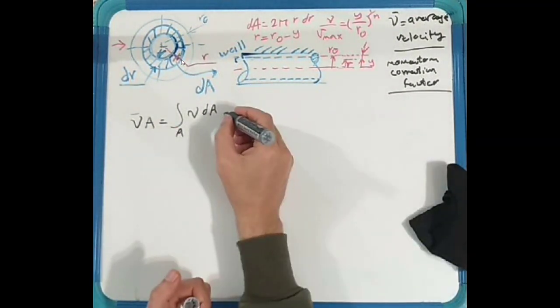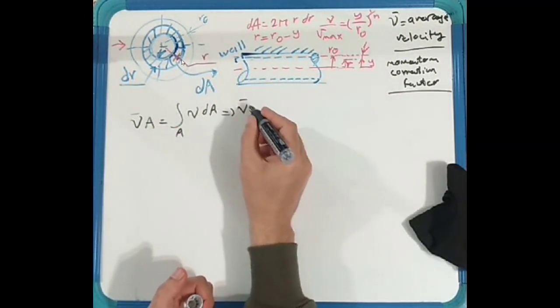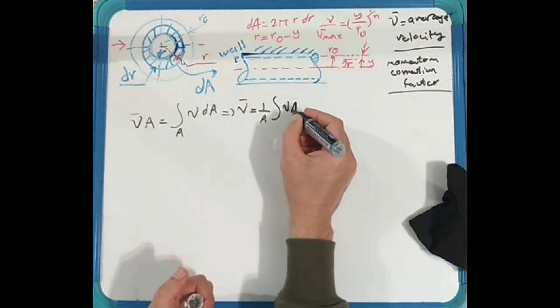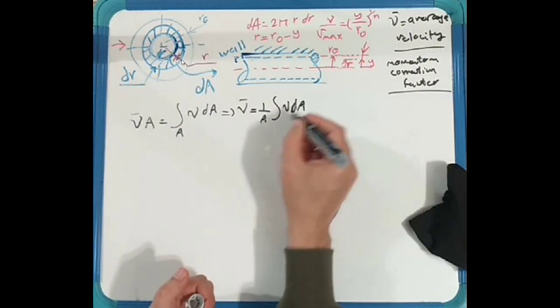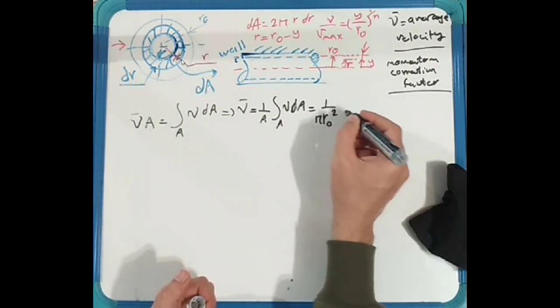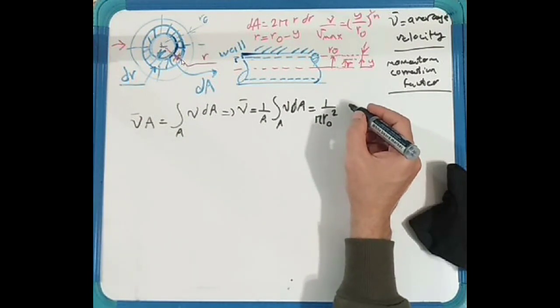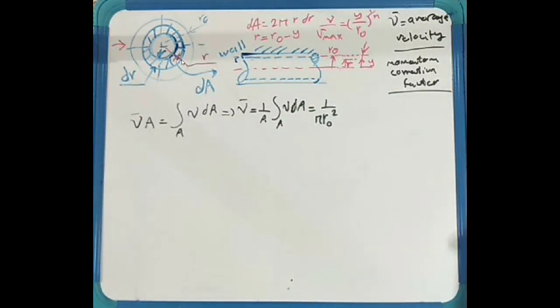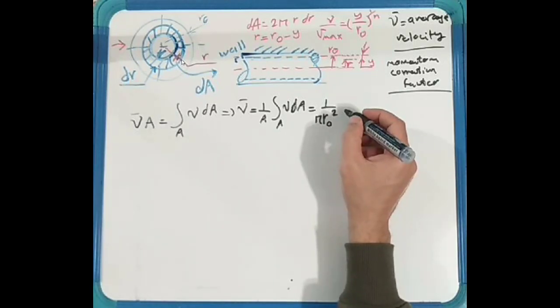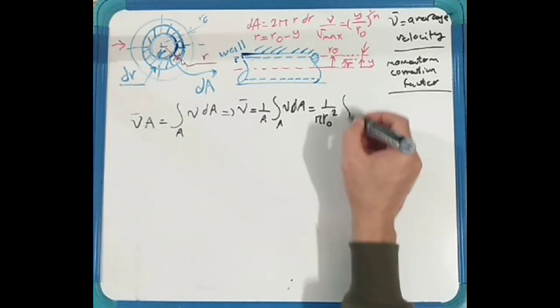Then I can write average velocity equals 1 over A integral v dA, and A equals πR0². Let me write it.